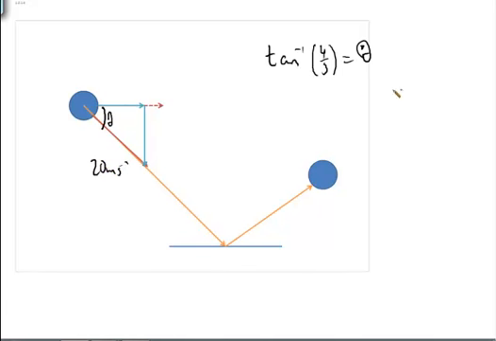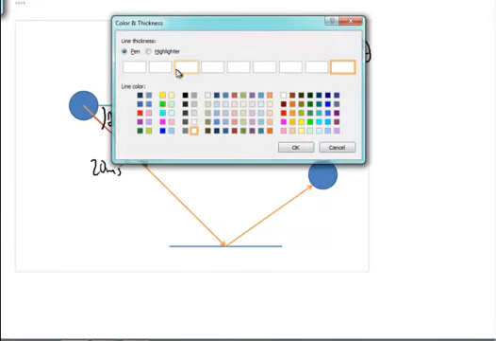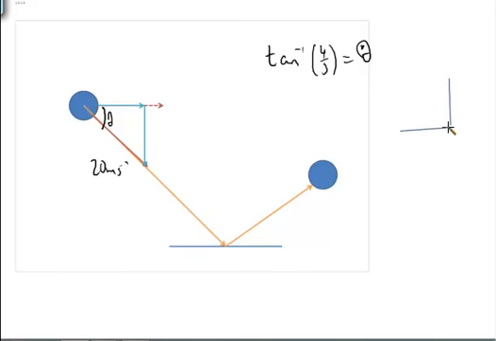So we'll fill out that right angle triangle quickly, going across and up like that, with a right angle there.